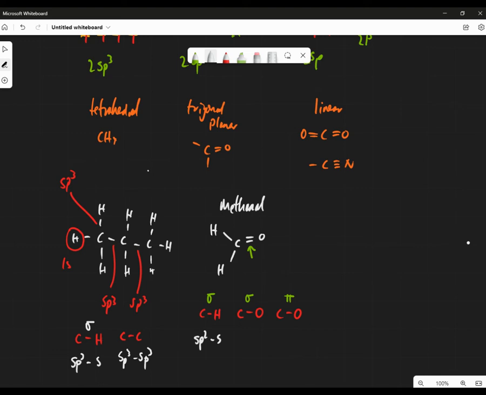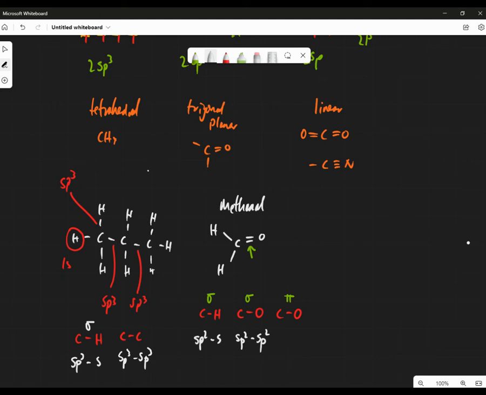The carbon-oxygen, well, the carbon supplies the sp2. Now the oxygen, crazy but true, you don't have to know this, but the oxygen would supply an sp2 as well. You don't have to know that at this level, the hybridization of oxygen, but it would.